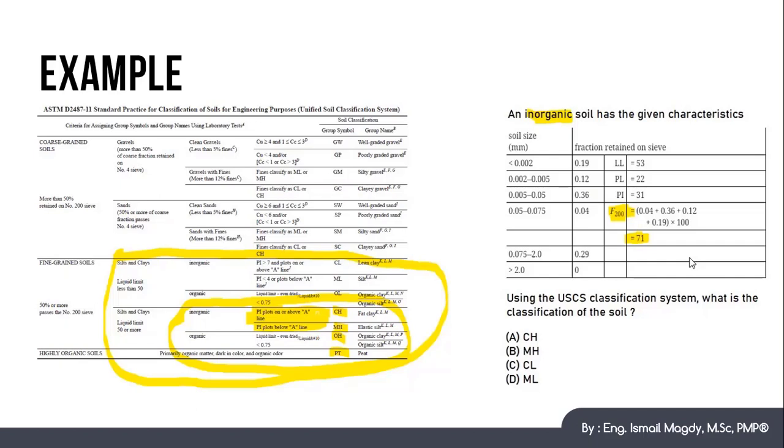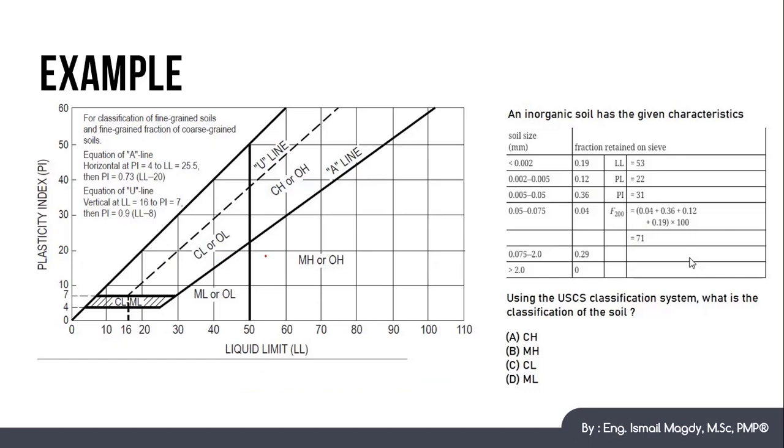So the next stage, we will go to the curve as we learned. We have this curve here, and now first thing we need to calculate is this A line, because we know our soil, this is the liquid limit and this is the plasticity index. So the liquid limit of our soil is 53. So our soil is somewhere here.